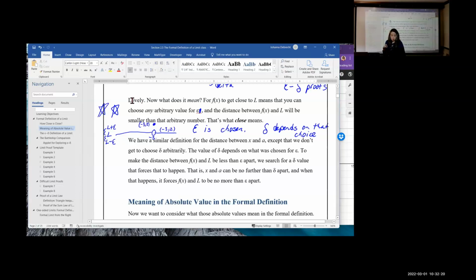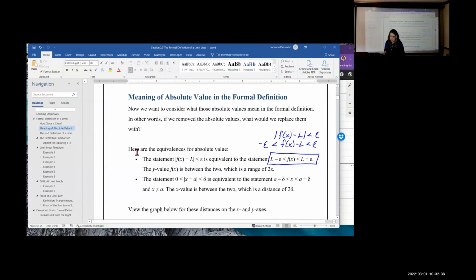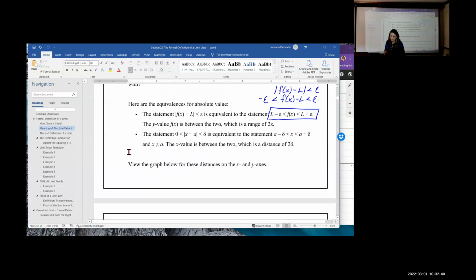It's your 0.01 difference, all right? So this could be L equal 2, and this could be 2.01, and this could be 1.99. So that's how you determine how far apart they are. That's what the L plus epsilon and L minus epsilon mean, all right?